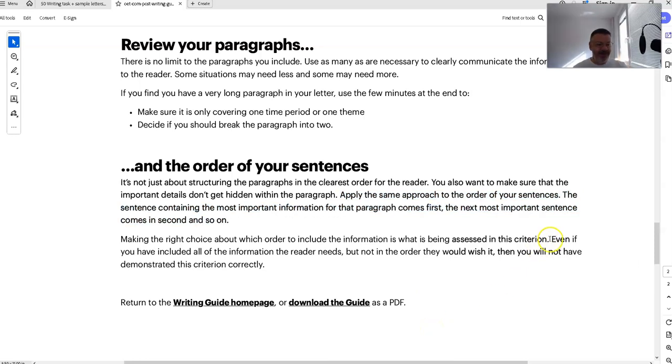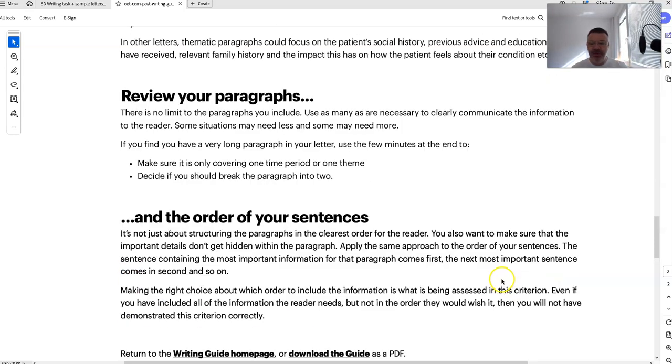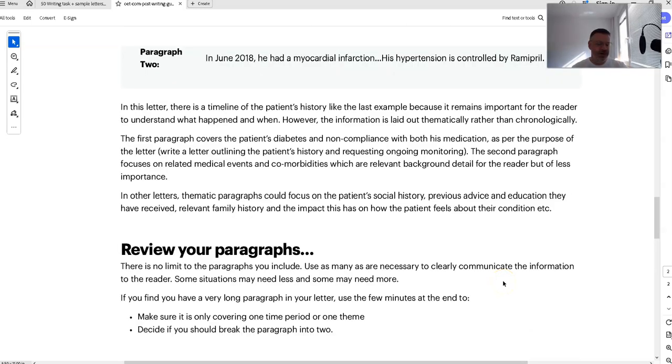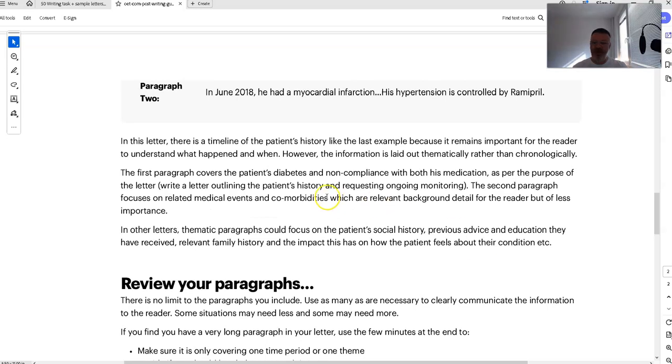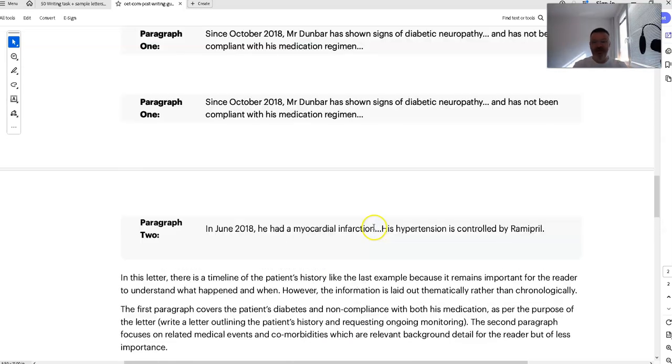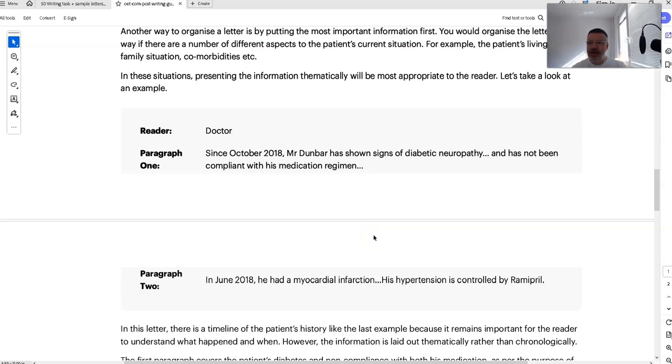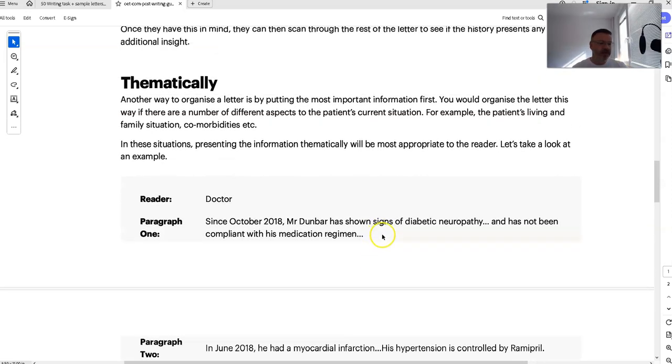Even if you've got all the information the reader needs, but not in that order, then you're not going to get a good score for organization, are you? So like it says here, you can find this on OET.com.